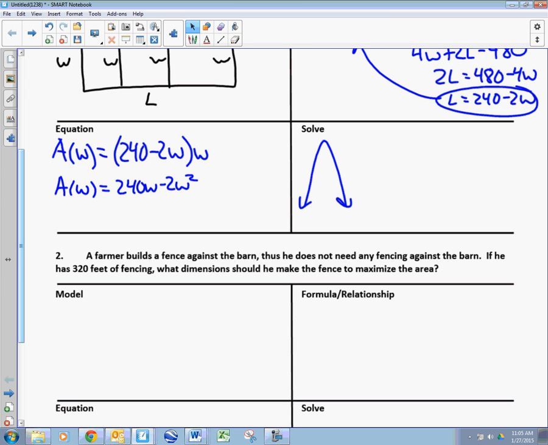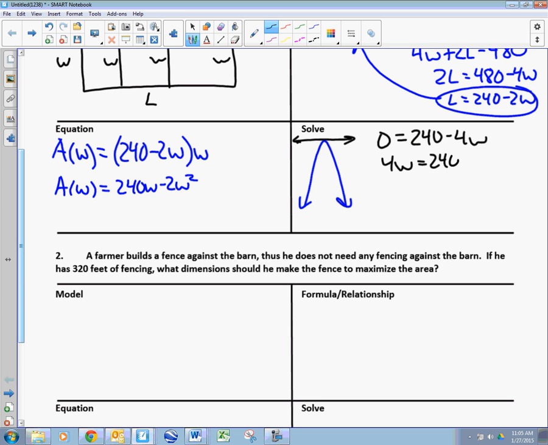And so that maximum has a very special relationship with the derivative. Namely, the derivative of a function at the maximum is going to be equal to 0. So 0 equals, what's the derivative? 240 minus 4W. So I get 4W equals 240. W is 60.